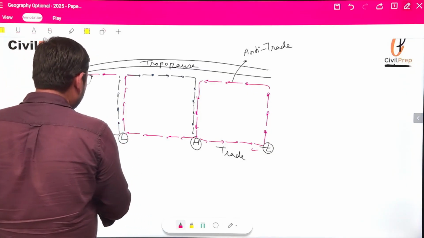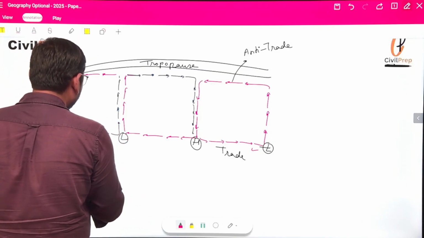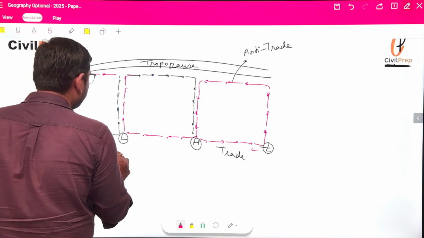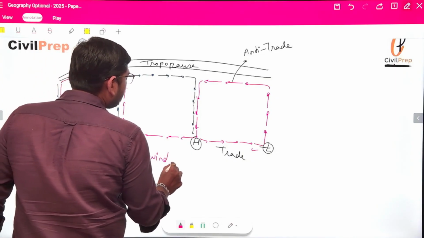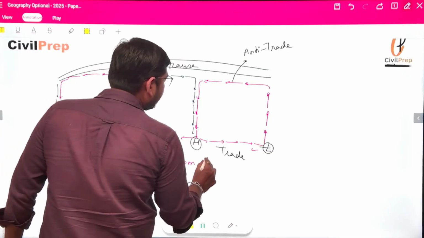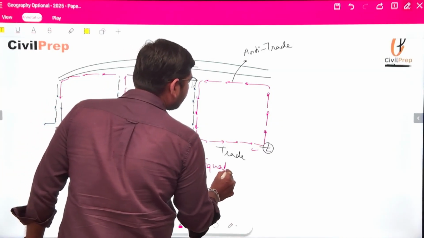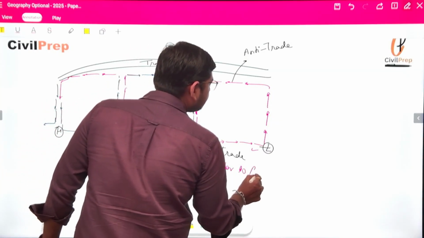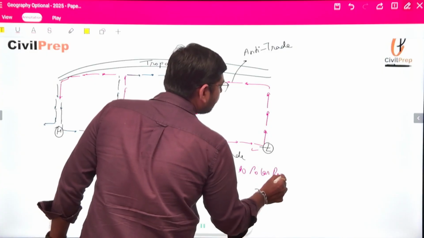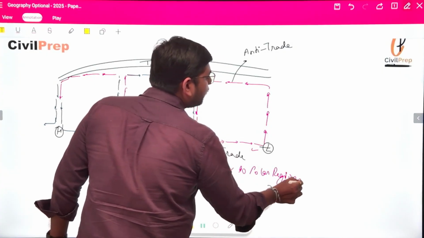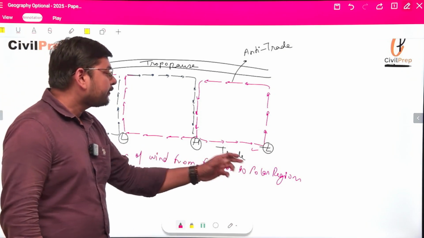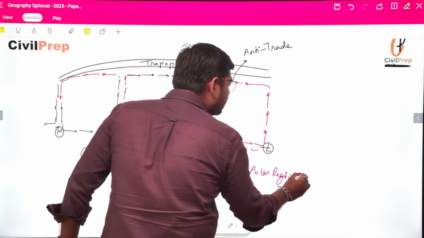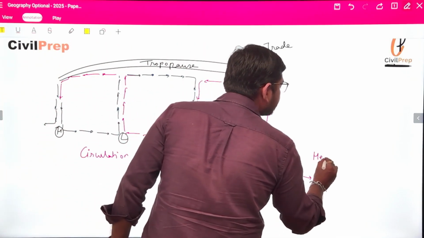So there is a circulation of wind from equator to polar region, because of which the heat is exchanged.